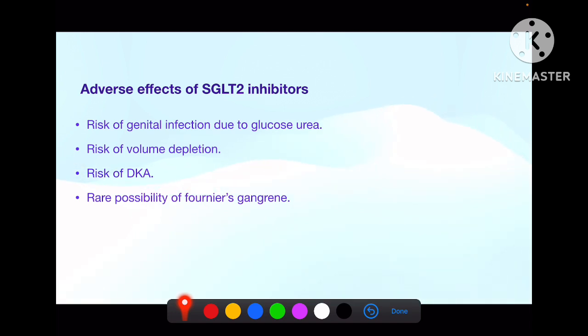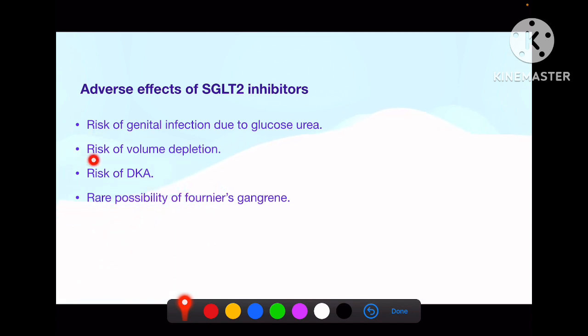Due to this glucosuria, sometimes the patient will get genital infection. Females might have candidiasis, and males might have balanitis. If your patient complains of recurrent UTI or recurrent candidiasis or balanitis, you have to withdraw the drug. You cannot continue with that drug because of the recurrent infection.